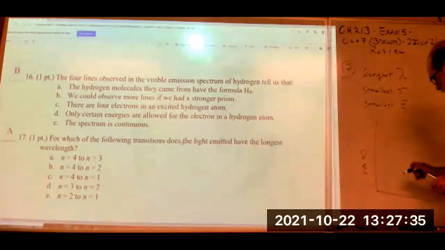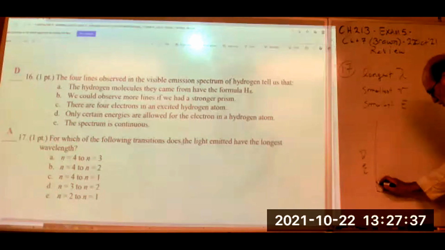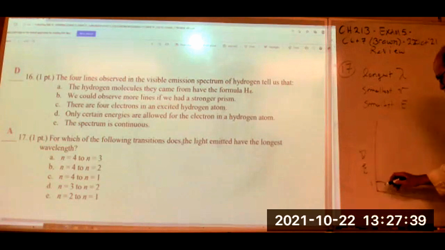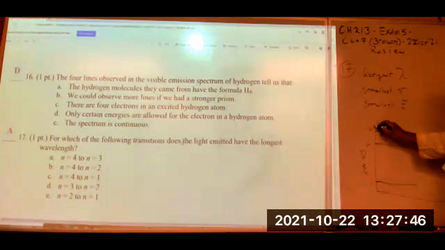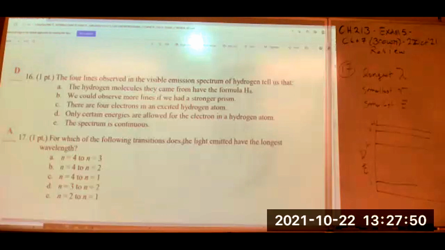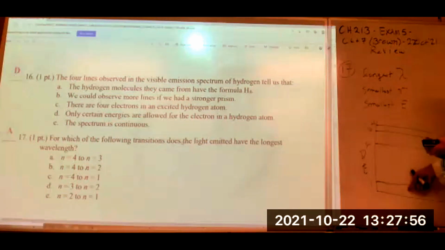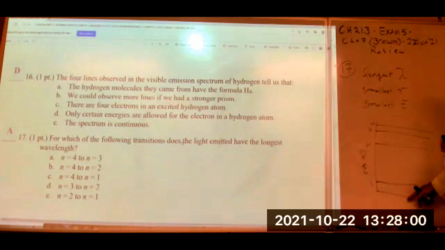So if we have n equals 1 here, n equals 2 is way up here, and n equals 3 is a little bit closer, and n equals 4 is even closer to that. Okay, so the transition that gives the most energy or the shortest wavelength would be like from 4 to 1. 2 to 1 would be pretty substantial too. It would be higher energy. We want the smallest energy.